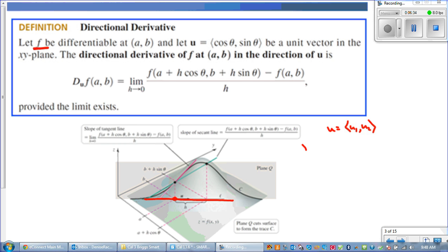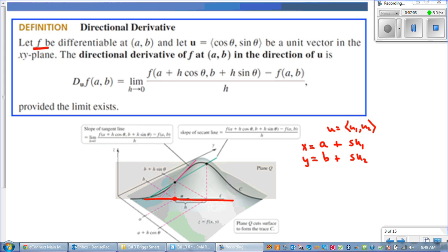And the x coordinate of a point on that line, remember how you parameterize a line segment, will be a plus the parameter s times u1, and that's the direction. So that's just the x equation for that line segment. The y will be b plus the parameter s times u2.